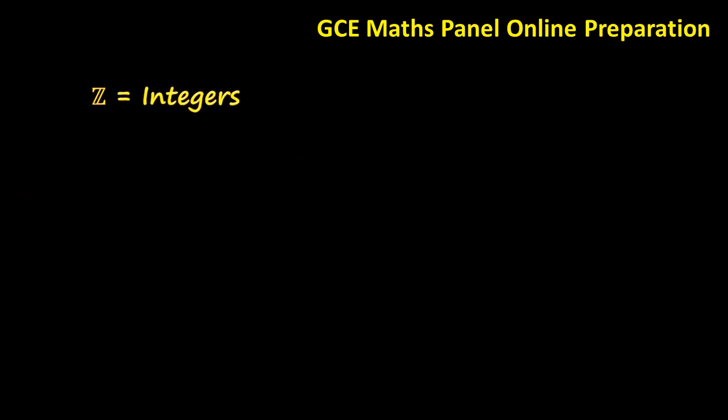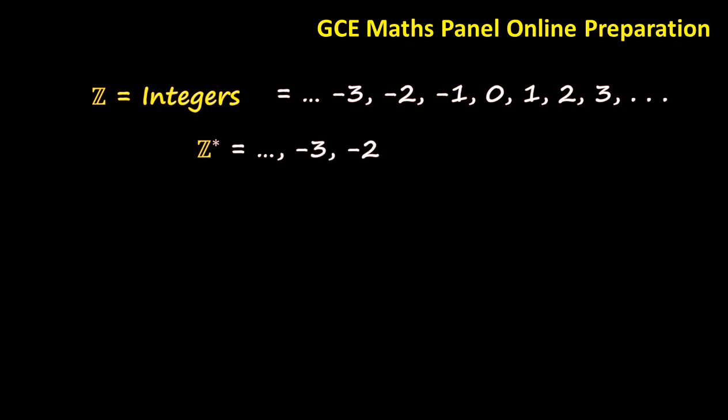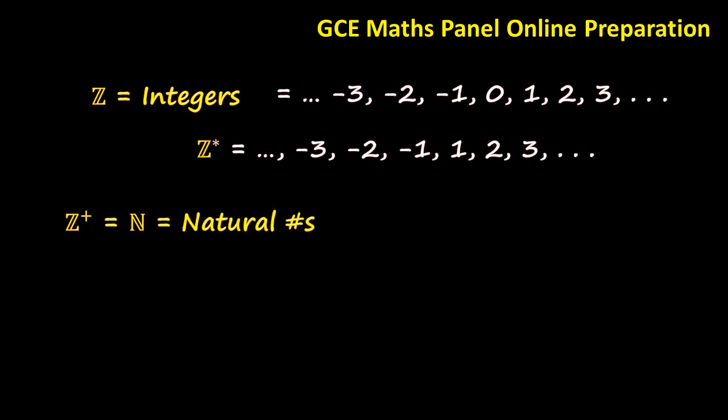Equally, we have the set of integers, and integers are positive and negative whole numbers represented by the capital letter Z, ranging from negative infinity to positive infinity. Z star represents the set of integers excluding 0, and Z plus means positive integers, and positive integers are the same as natural numbers.